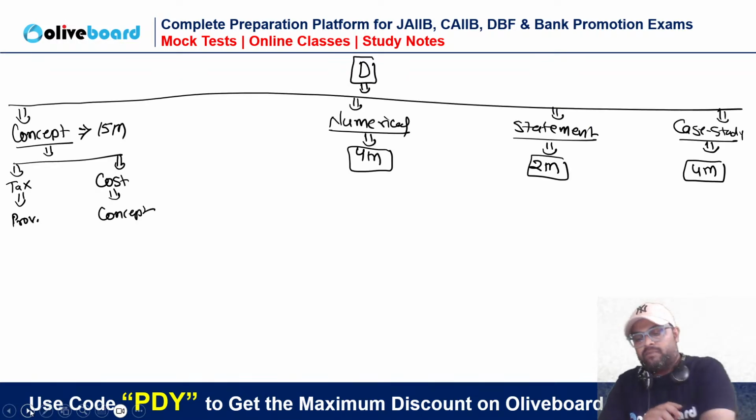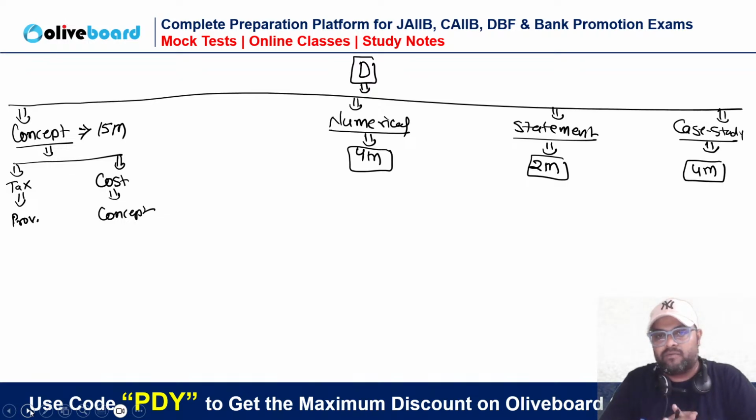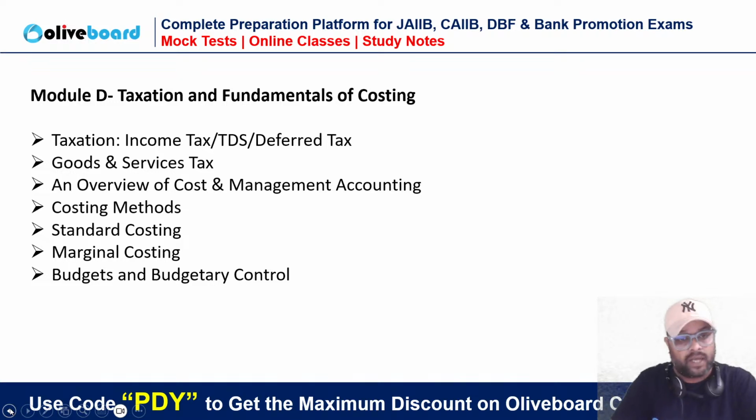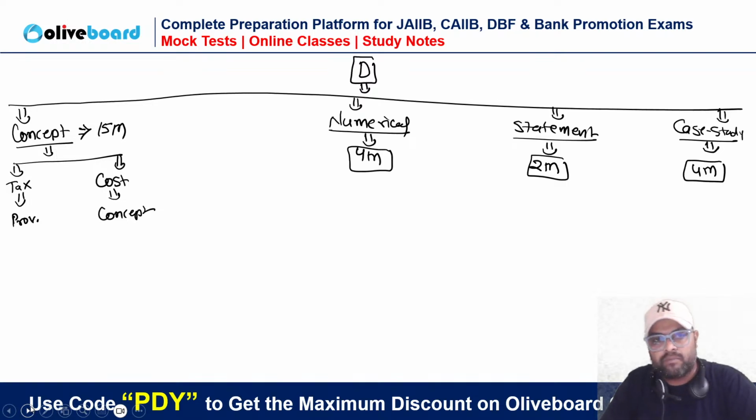Today, we will be talking about a topic which is there in your module D, that is marginal costing. But before going into it, briefly understand the pattern of your exam. There will be around 15 marks of concepts in your exam, and the tax and cost portion will always be based on the conceptual part.